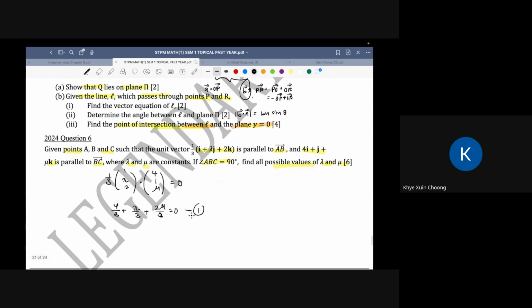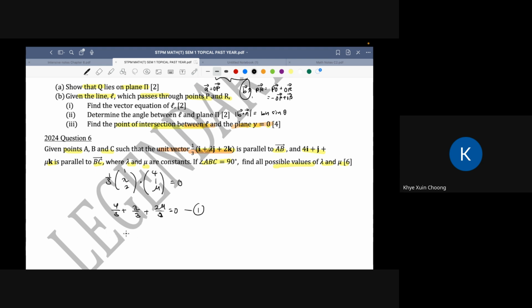From one equation, you couldn't solve for lambda and mu. You need a second equation. What else information do we have? We have this unit vector. If it is a unit vector, the magnitude should be 1.